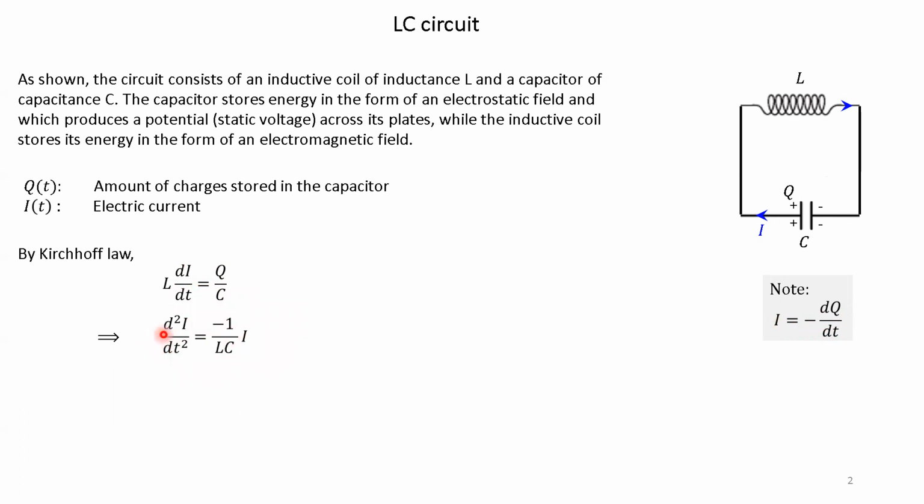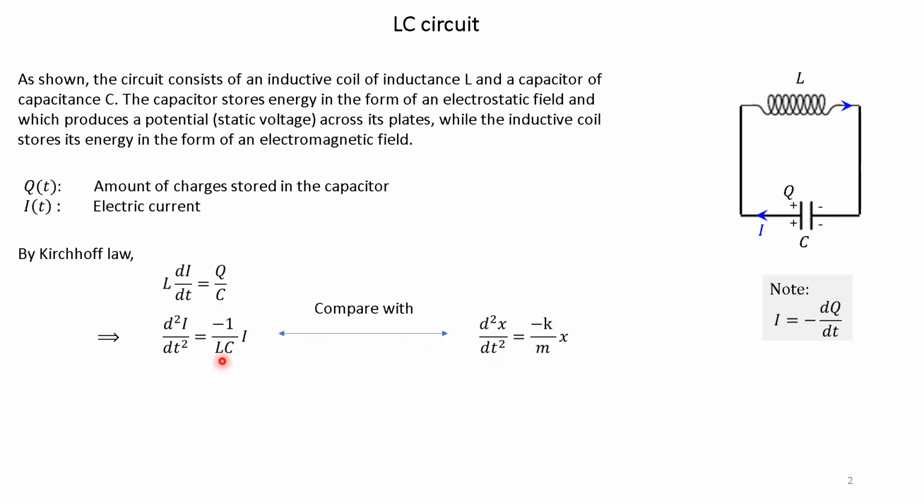Now if you look at this form, it immediately reminds you of the simple harmonic oscillator, because the simple harmonic oscillator has an equation of this form. Of course it's not a mechanical system, but you can see how this is an electrical analog for the simple harmonic oscillator.